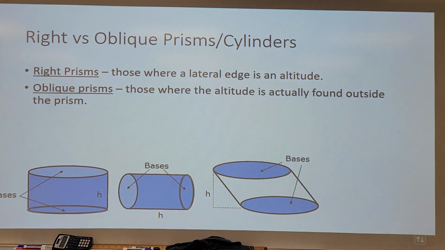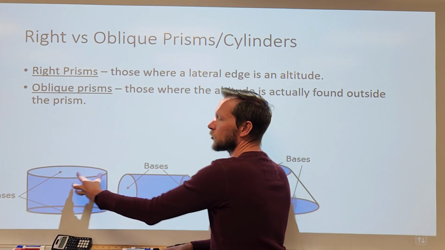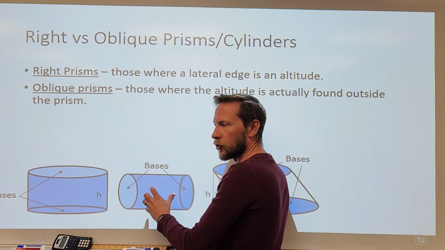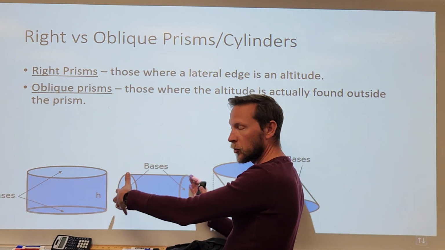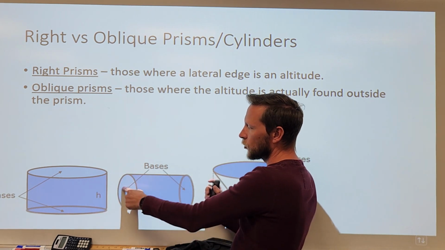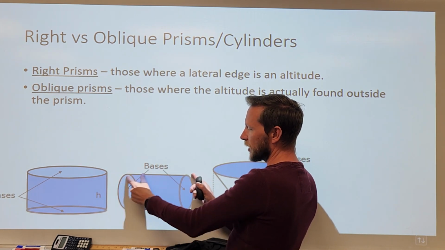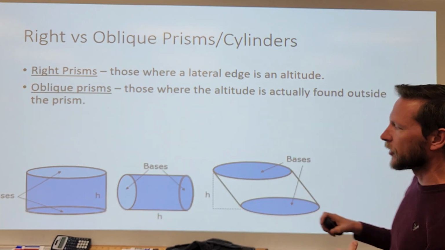When we're talking about prisms or cylinders, we have usually these pictures of these right prisms or cylinders where the bases are not only parallel to each other and congruent to each other, but they're right over each other. They're perpendicular to this segment, and this segment is standing perpendicular as one of the sides of the prism.